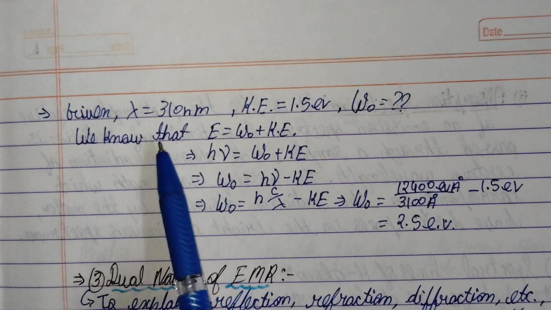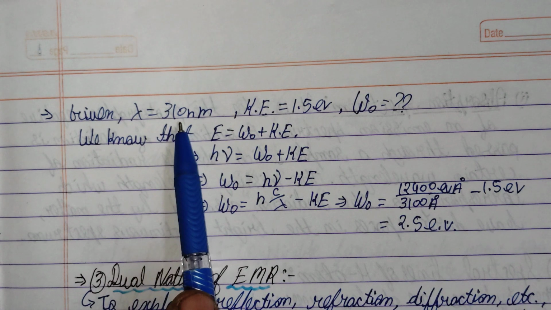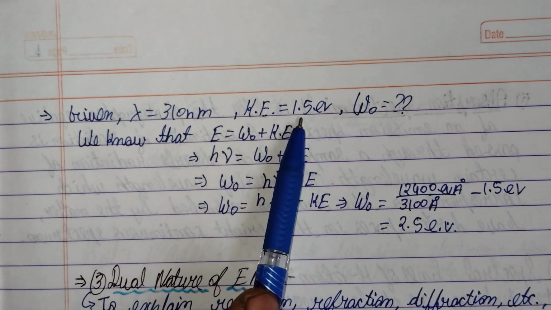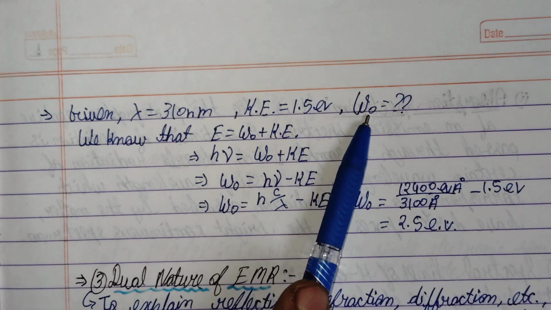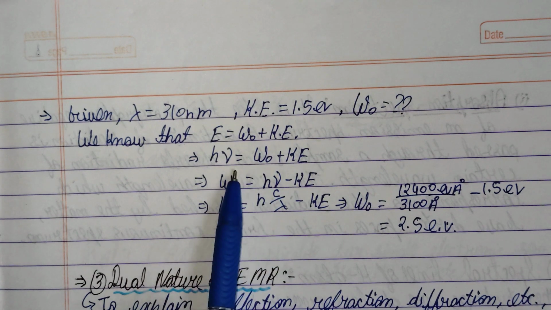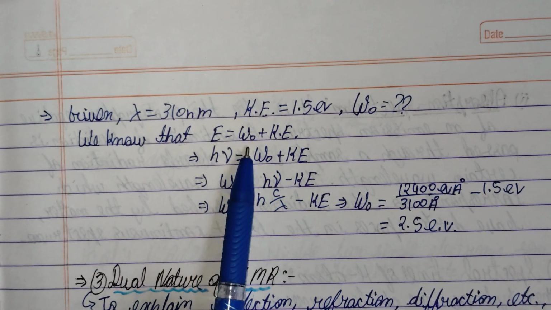here given is wavelength lambda equal to 310 nanometer, and kinetic energy 1.5 electron volt. So we use the formula E equal to W naught plus KE, where E equal to h nu.